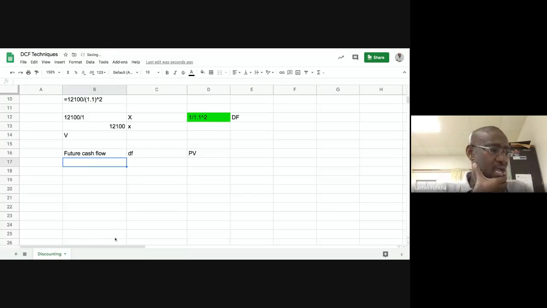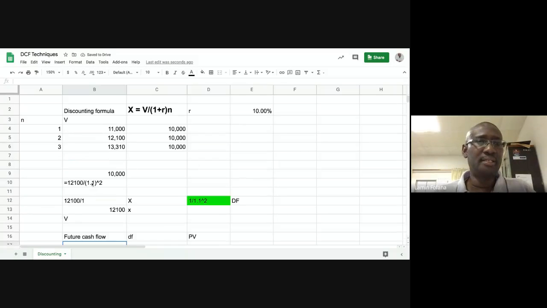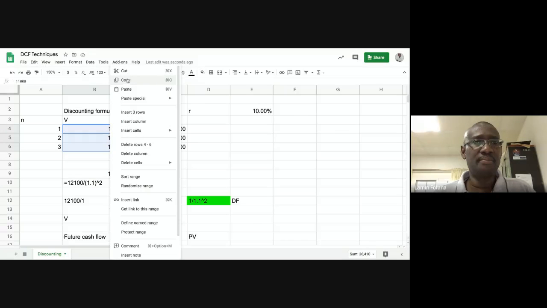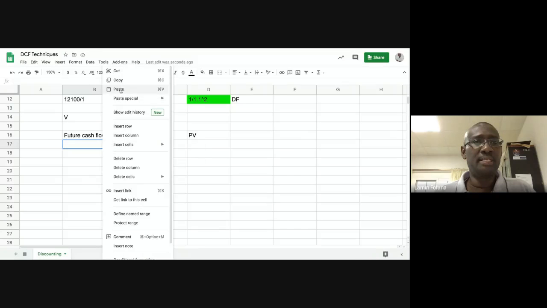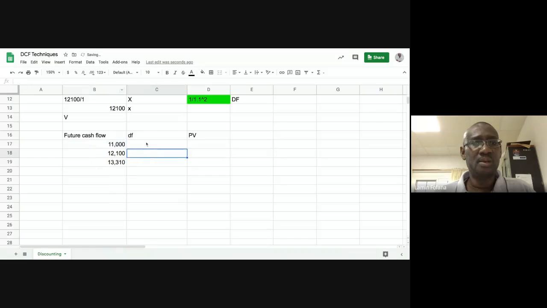So what numbers did we get? These were the numbers we got, so just copy them and paste them here. Now let's do our discount factors and then we multiply.